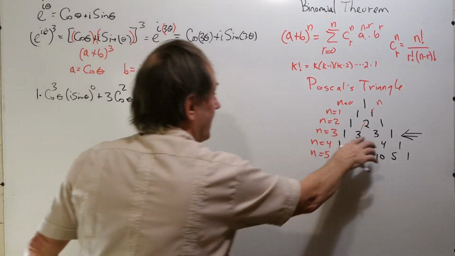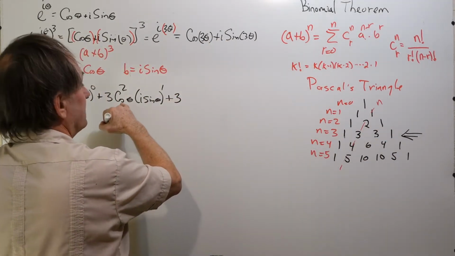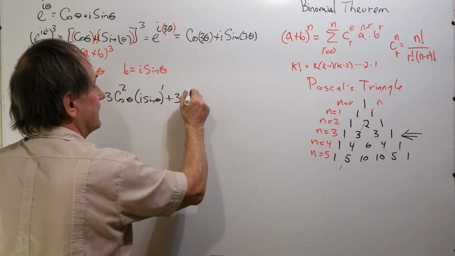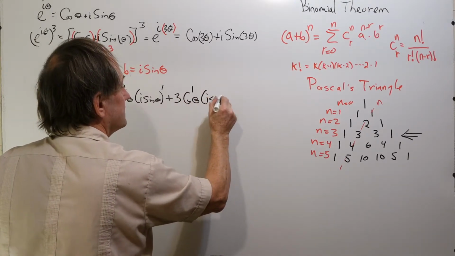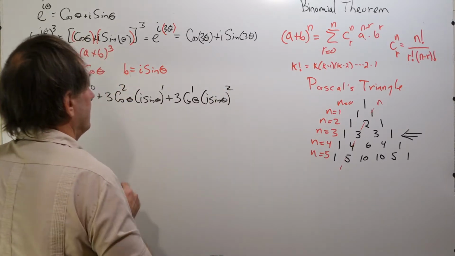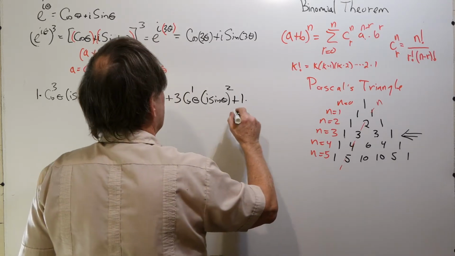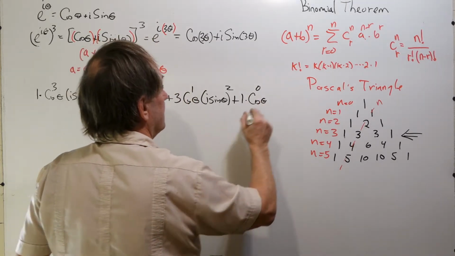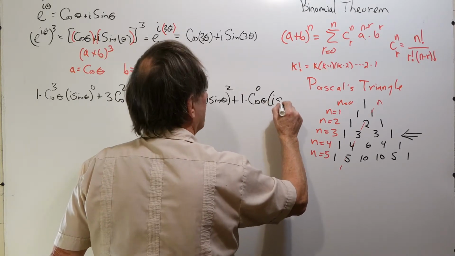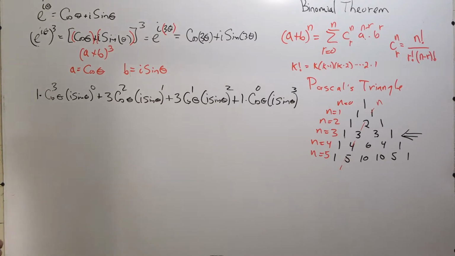Then the next term has coefficient 3. We decrement the power on the cosine, increment the power on i sine theta. And then the last term, the coefficient is 1. We decrement the power on the cosine to 0 and increment the power on i sine theta to cubed.